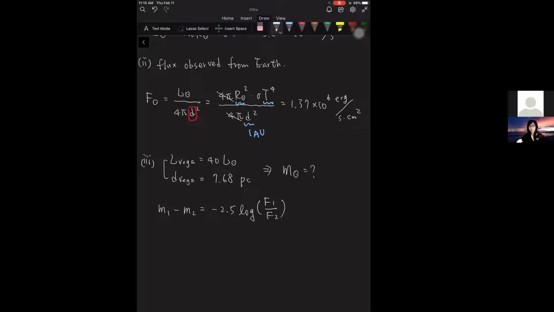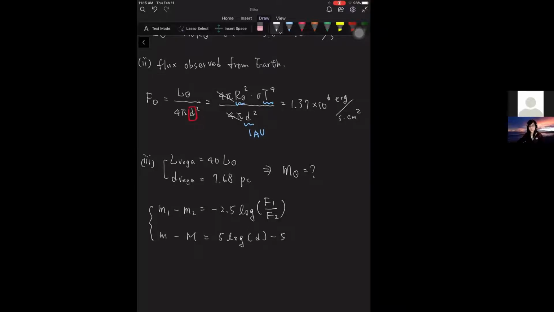The second one is the distance modulus, which can also be derived from the first equation, but is very useful: small m minus big M equals 5 log d minus 5. So these are the two equations related to magnitudes.